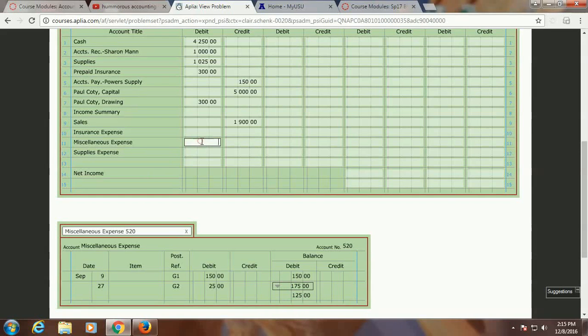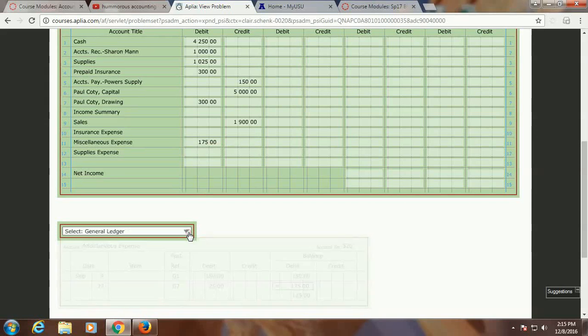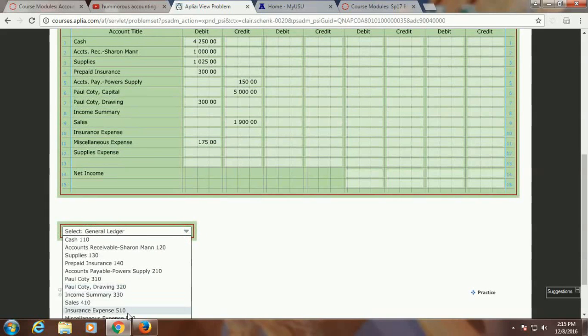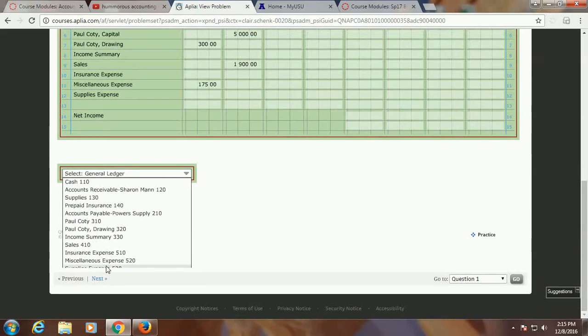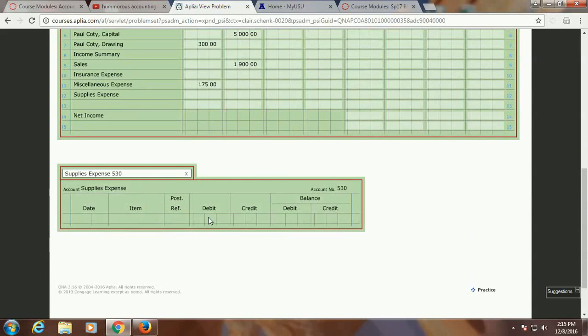So I'm going to put 175 in the debit column for miscellaneous expense. And then I'm going to go to supplies expense, and it should be empty also, but we're just going to verify it to make sure it is. And there's nothing there, so that's a good sign.